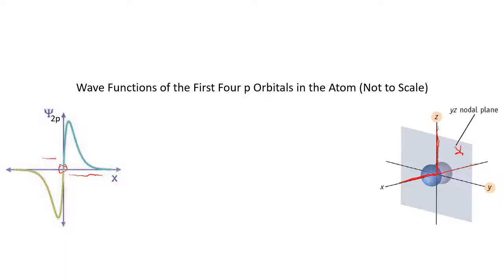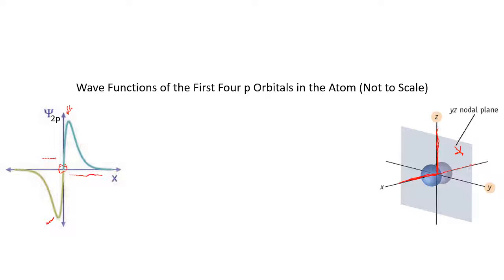And we see that the probability of finding the electron at a distance r from the nucleus is maximum right there on the positive side and right here on the negative side. As I go further from the nucleus, it's less likely that I'll find the electron at a further distance, and finally, as I approach farther distances from the nucleus, the wave function actually falls to 0.